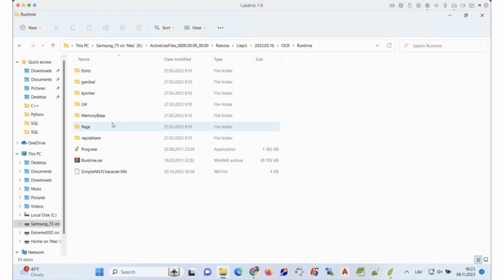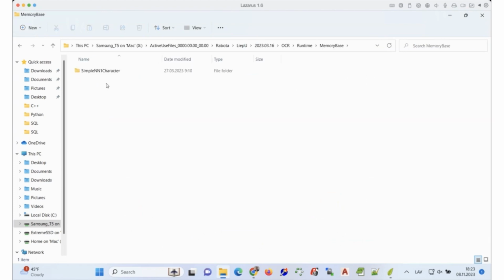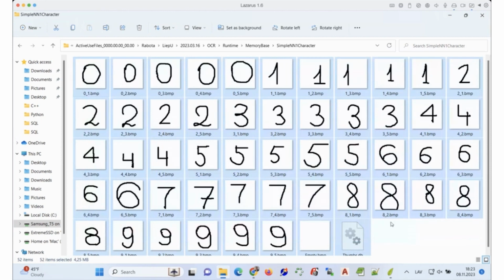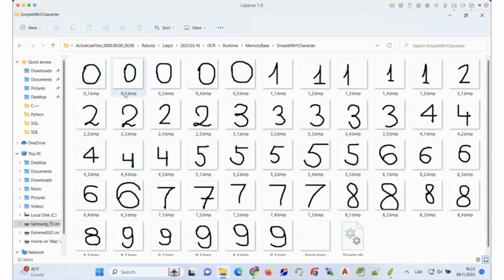So what I did, I created the memory base folder with such values, and as you can see, each of these pictures has its symbol and the index of the picture. Like 0 has 5 variations, and they're numbered from 1 to 5.